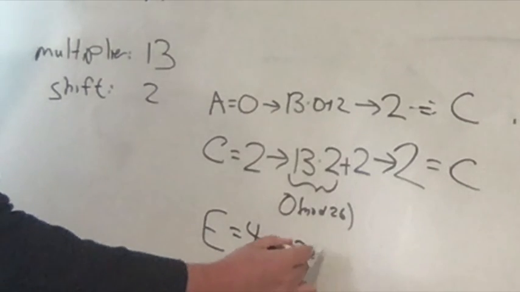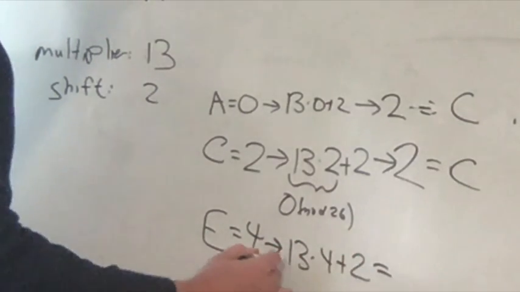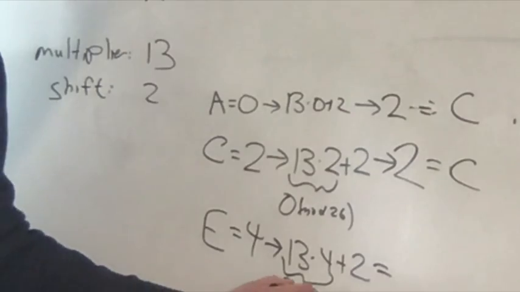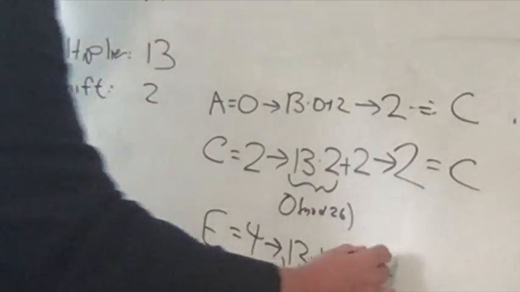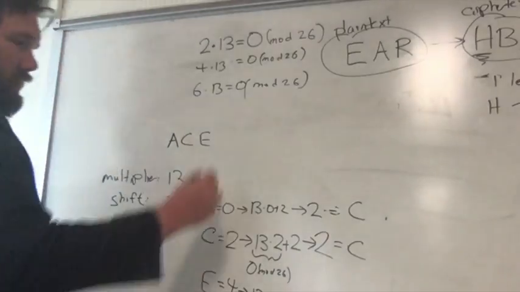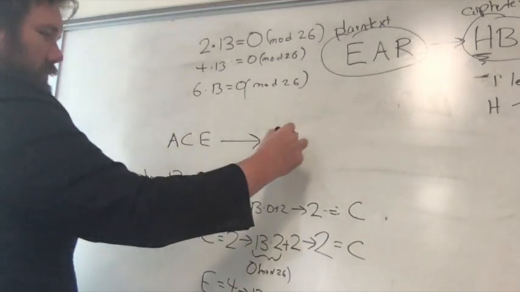Goes to 13 times 4 plus 2. This is also 0 mod 26, which is 2, which is C. So your entire message here just becomes C, C, C.